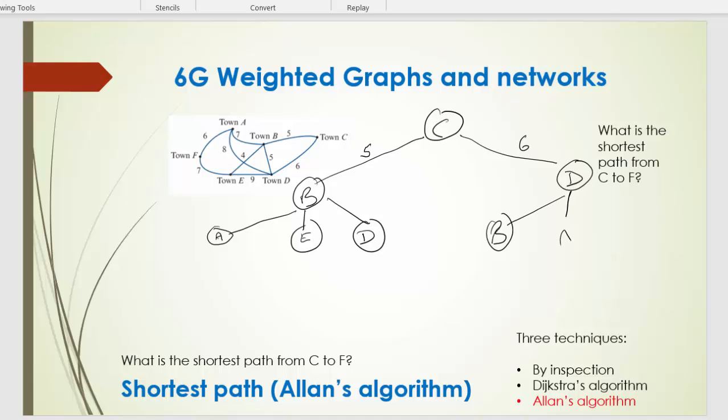B, A, and E. Now the numbers you put on there are not the individual numbers. You add up as you go. So CBA is 5 plus 7, which is 12. CBE is another 4 onto your 5, which makes 9.